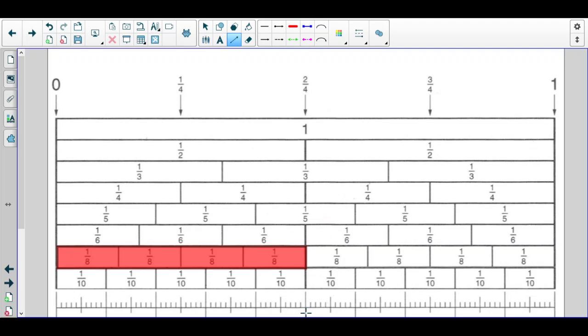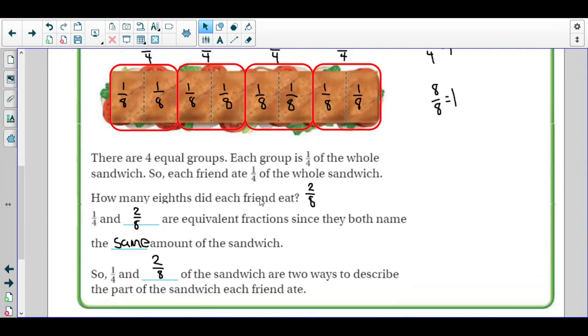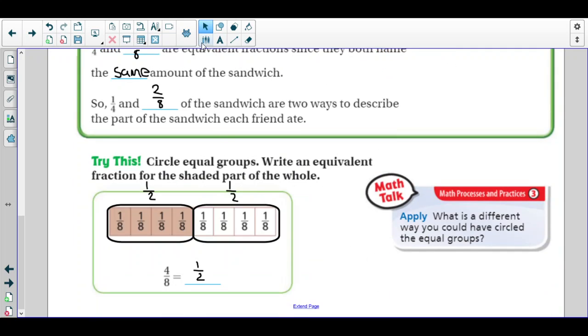We can come all the way up here. Where did it end up? Well, look right here. It also ended right here. So we could say 1, 2, 3, 4, 5/10. So 5/10 is a fraction that is equivalent to 1/2.